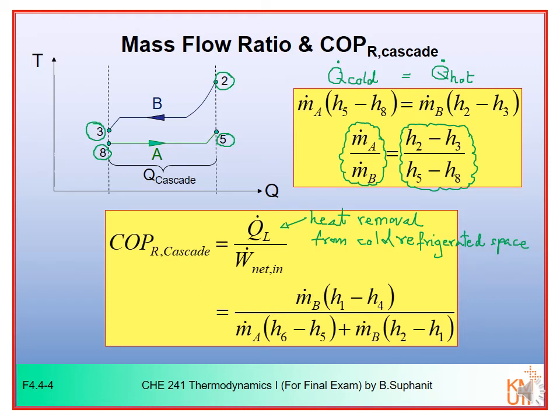So the cycle that is used to remove the heat from the cold refrigerated space is cycle B. So QL is equal to mB multiplied by (h1 minus h4).